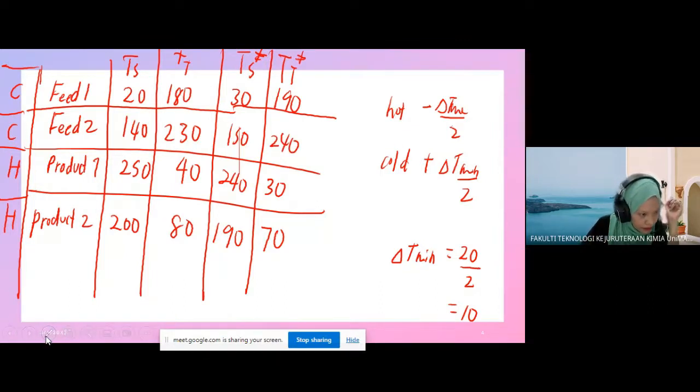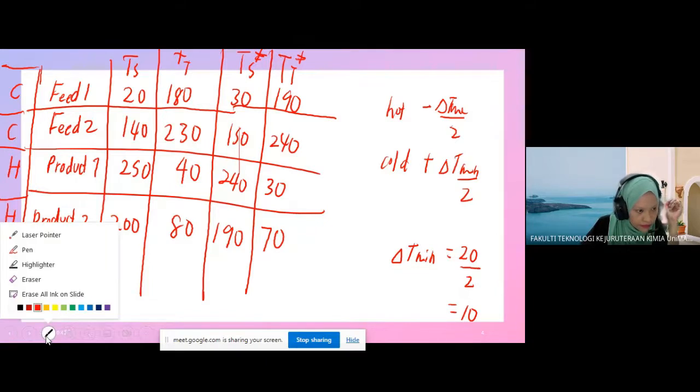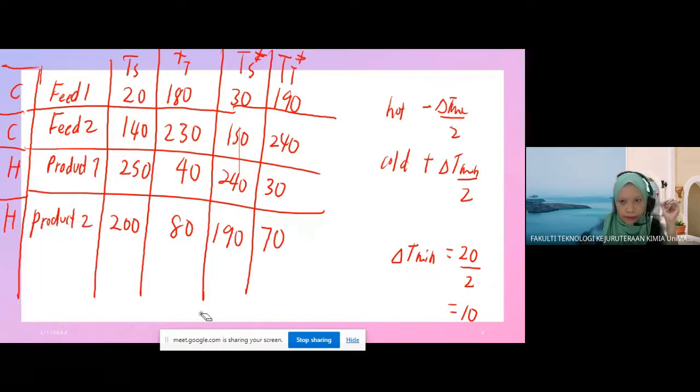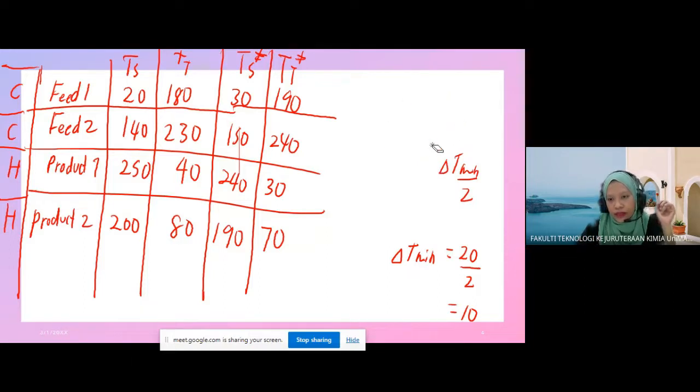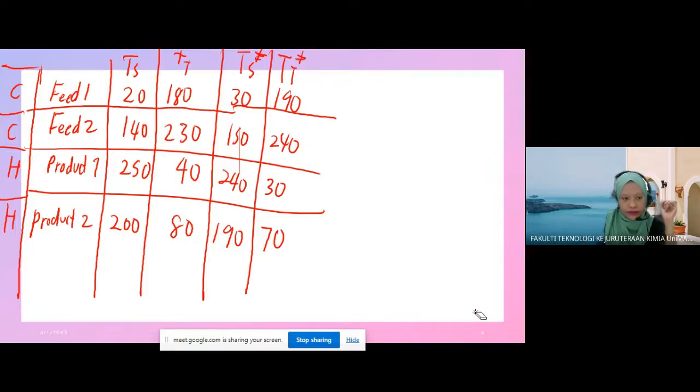Okay, clear? Once we have the shifted temperature, then we can draw the intervals.